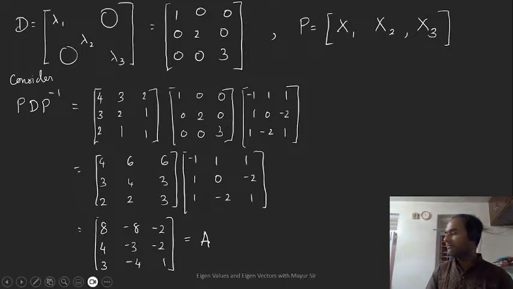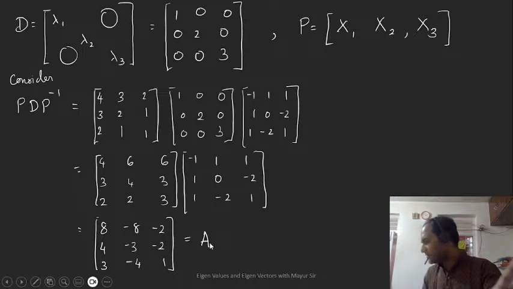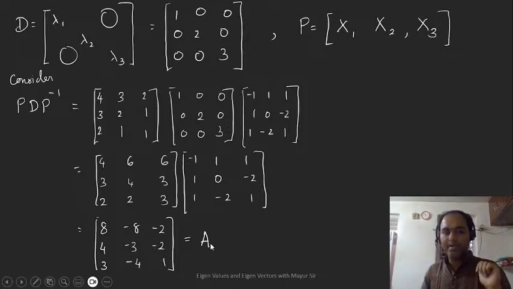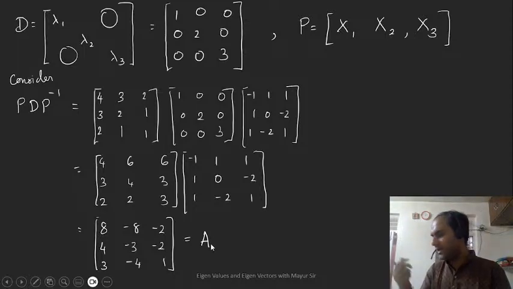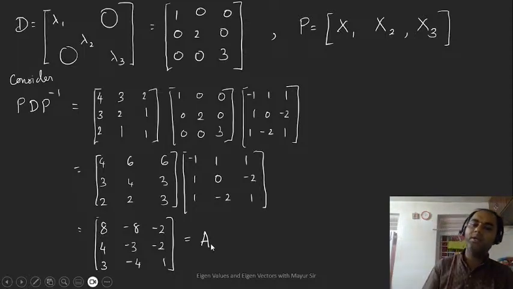So remember, whenever the eigenvalues are distinct, the matrix is always diagonalizable. Another important thing is how to formulate P and D. The P matrix is made out of the eigenvectors.